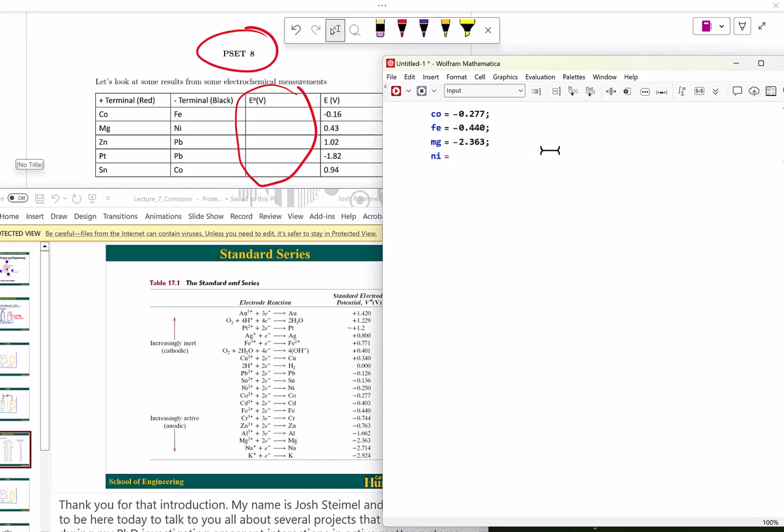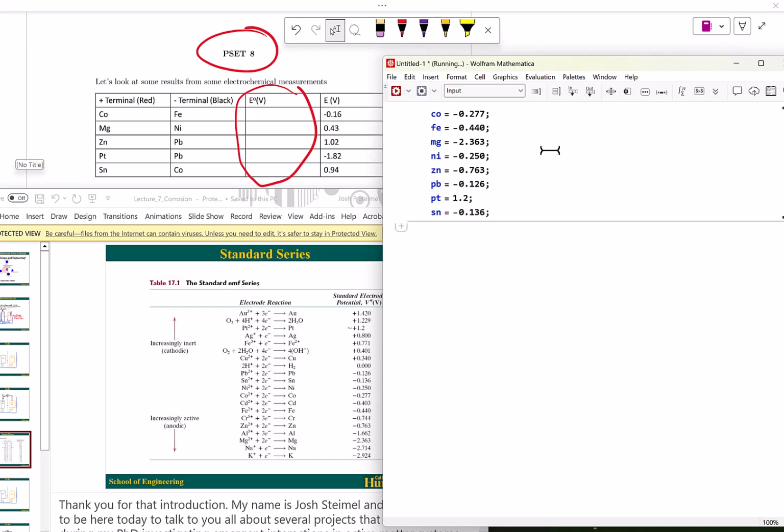Nickel is equal to minus 0.250. Zinc is equal to minus 0.763. Lead is equal to minus 0.126. Platinum is equal to 1.2, and Sn, tin, is equal to minus 0.136.